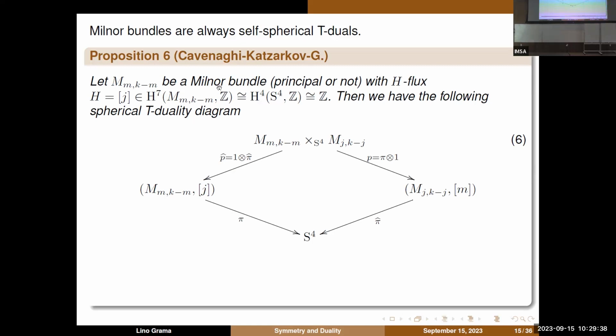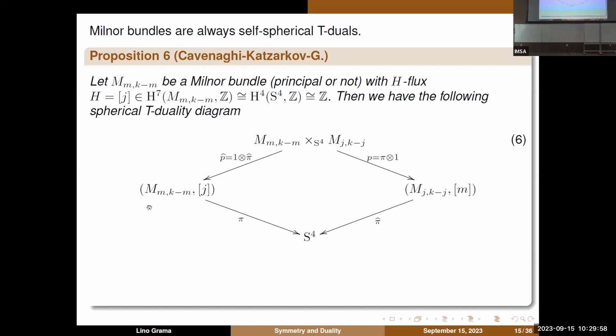We pick the Milnor bundle, principal or not, with the H flux an integer, because H7 of this space is Z. Then we have the following diagram.